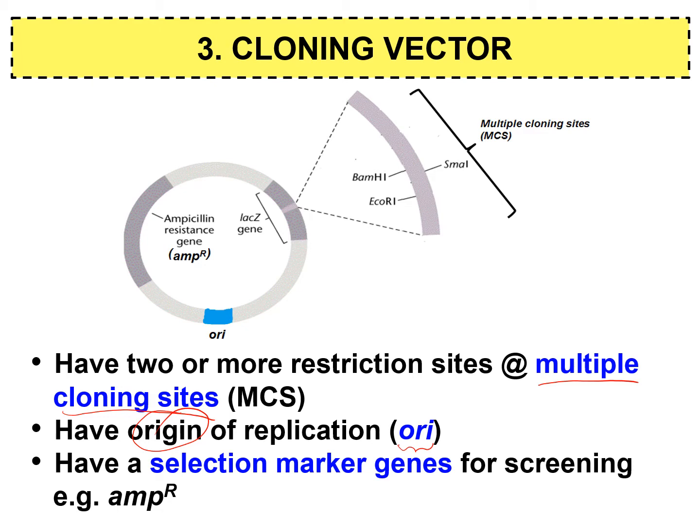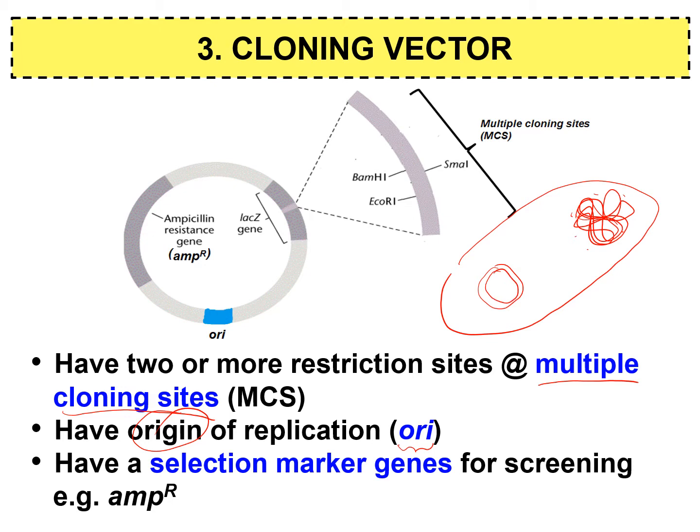Why? Because having an origin of replication means they are able to replicate by themselves. They don't need the chromosomal DNA, because we know that bacteria have DNA in the nucleoid, and then they have another smaller DNA which is called the plasmid.